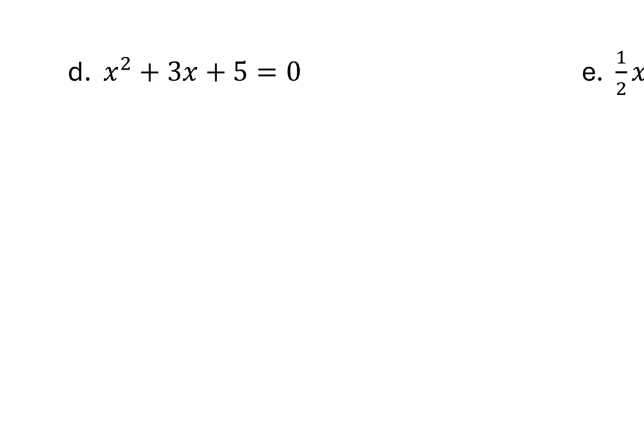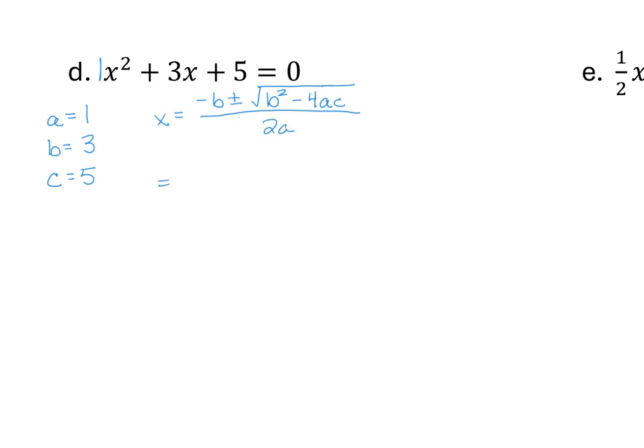I want my a, b, and c. The number in front of x squared is just a 1, the number in front of x is 3, and my constant term is 5. All right, if we go ahead and plug this into our quadratic formula, we get negative b plus or minus the square root of b squared minus 4 times a times c over 2a.